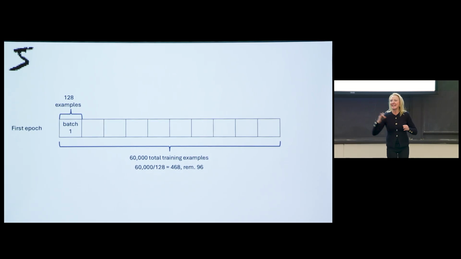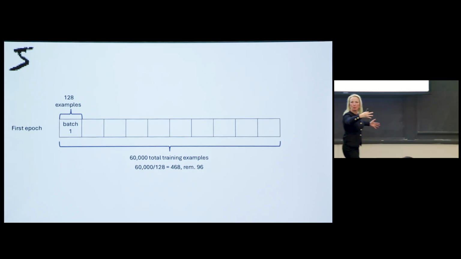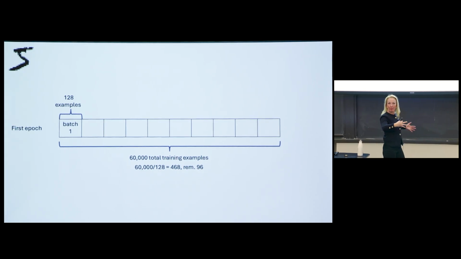I took all of those, and in parallel, all at once, my laptop made its very bad, very random predictions for those 128 examples. It ran it forward, and then for each of them it looked: okay, this was in fact a 9, this was in fact a 7, this was in fact a 0. All 128 of them.